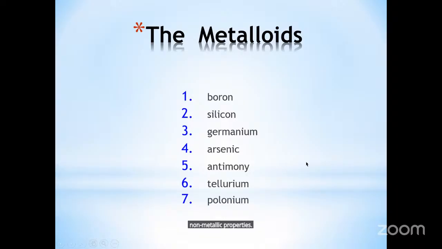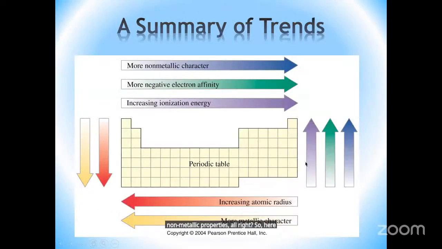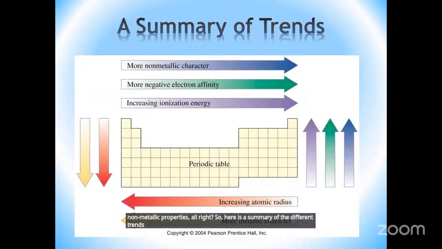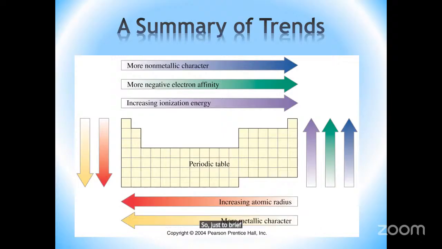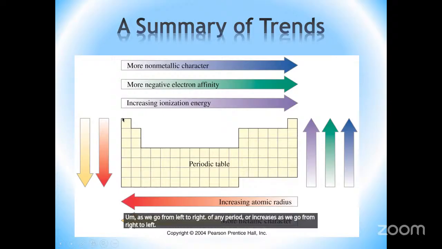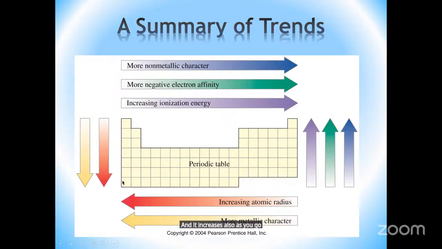All right. These are elements which display both metallic and non-metallic properties. All right. So here is a summary of the different trends that we just discussed. So just to briefly recap, right? In terms of, let's say, atomic size, remember we said that the atomic size decreases as you go from left to right of any period, or increases as you go from right to left, and increases also as you go from top to bottom of any group.